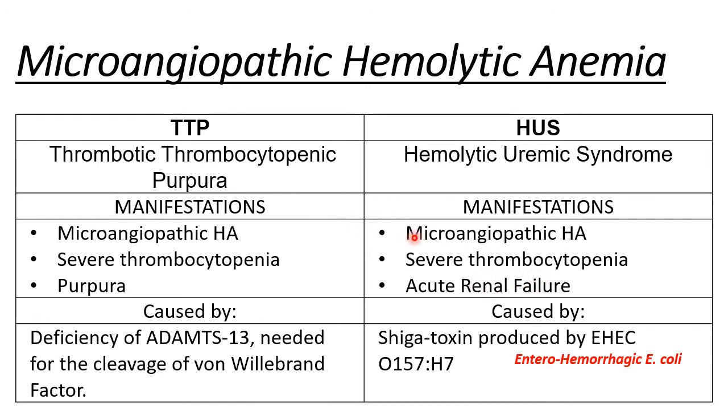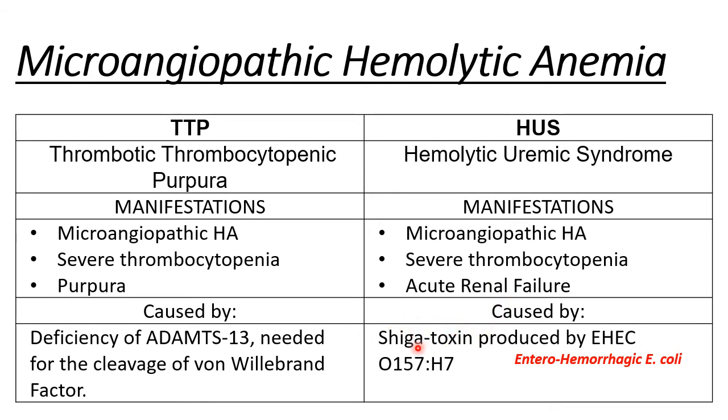Ano ang mga pathophysiology behind these two conditions? Punta tayo kay TTP. There is a deficiency of your ADAMTS13, which is an important protein for the activation of your von Willebrand factor. Ano ba tong von Willebrand factor? Saan ba siya importante? For the coagulation process. Sa HUS naman, it is primarily caused by Shiga toxin.